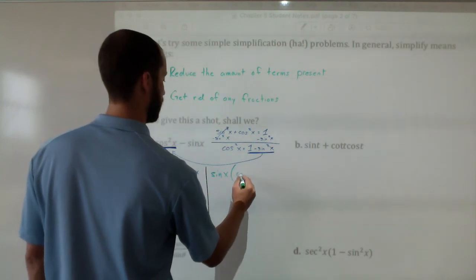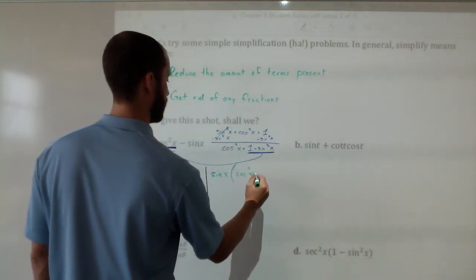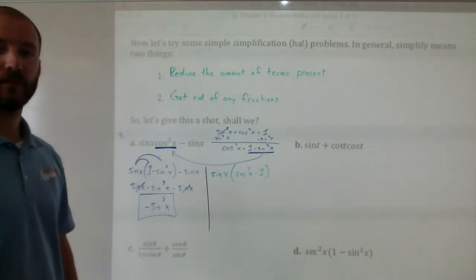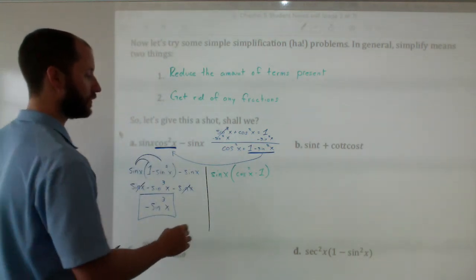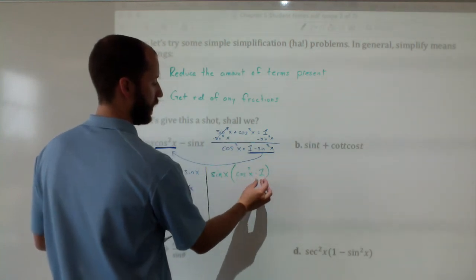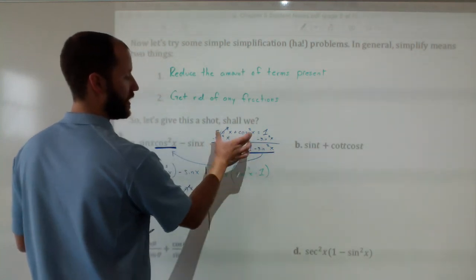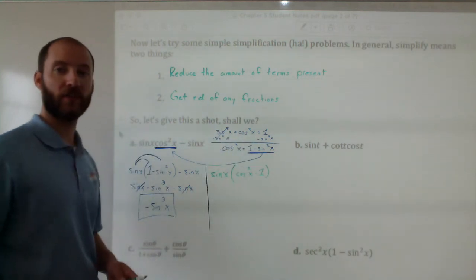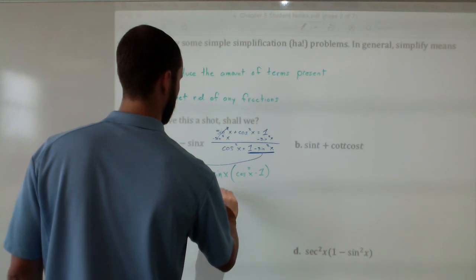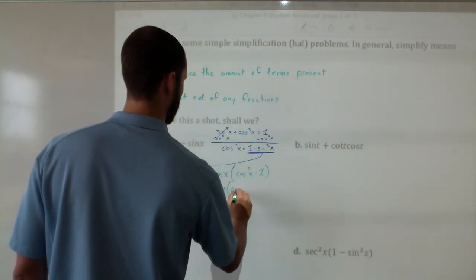That would leave me with cosine squared of x minus 1. Now 1 is equal to sine squared plus cosine squared, the Pythagorean identity. So let's do that substitution.